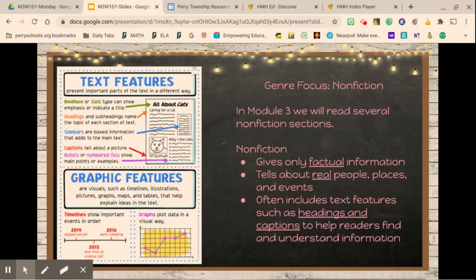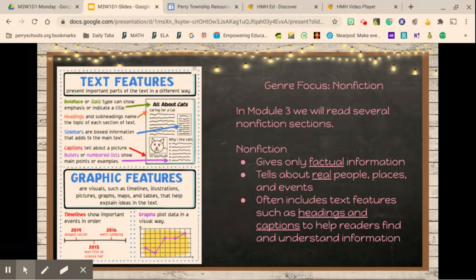Headings and subheadings name the topic of each section of the text. Sidebars are boxed information that adds to the main text. Captions tell about the picture and are usually below it. Bulleted or numbered lists show main points or examples. Those are all text features because they have to do with writing words.